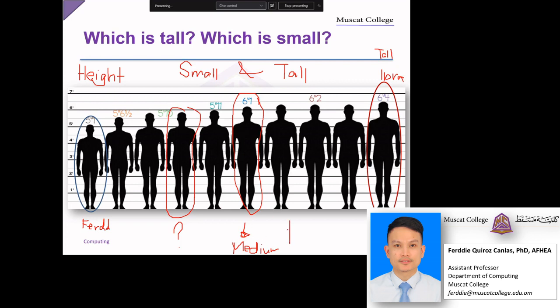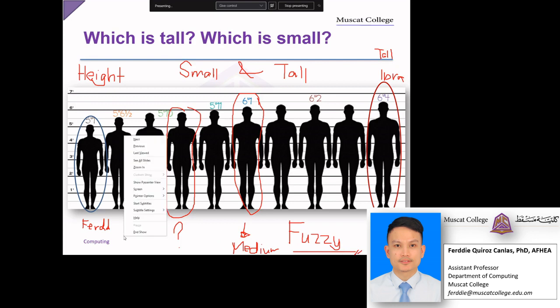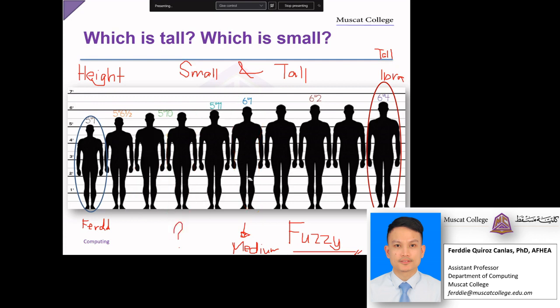So here comes the concept of fuzziness. Fuzziness means we are confused. It's not clear. We don't know really which is which, right? The problem with computer systems is that if we computerize everything and we want to program a machine to distinguish things, our current machines recognize only two values.